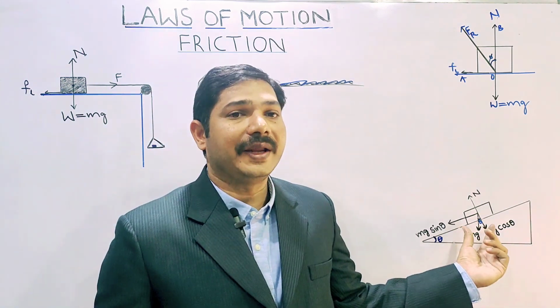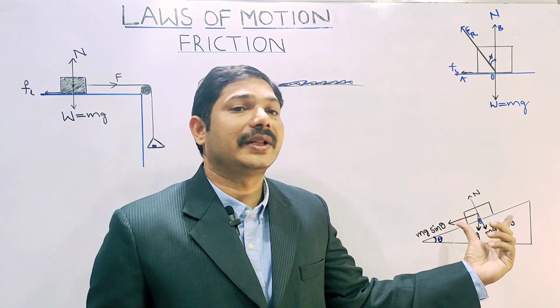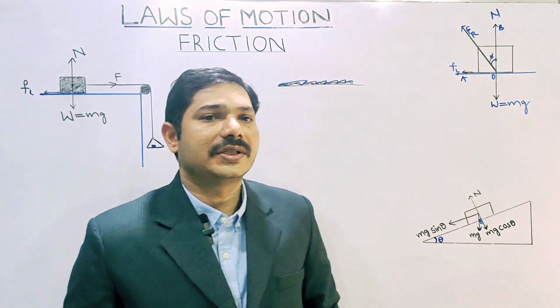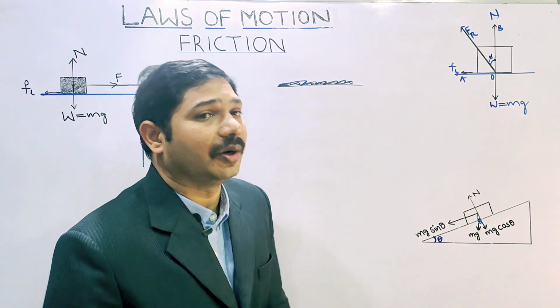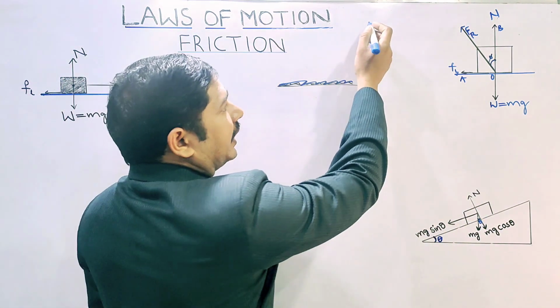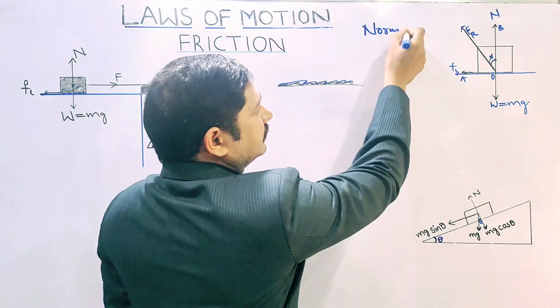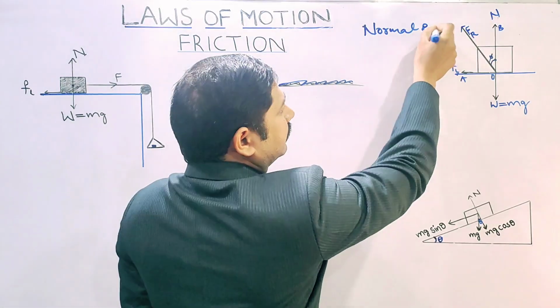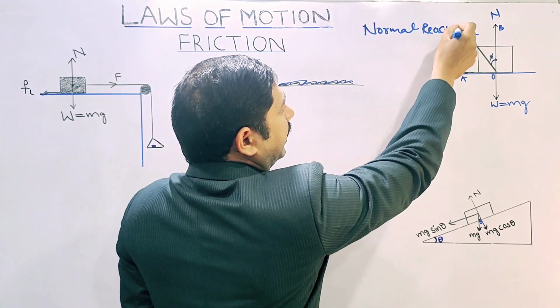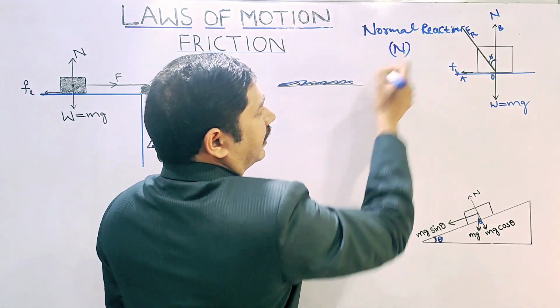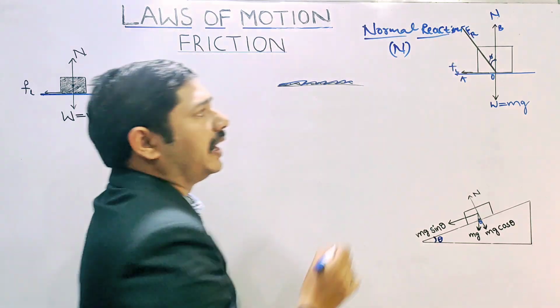On an inclined plane also it is perpendicular to the plane, and on a horizontal plane also. First of all we'll discuss the horizontal surface. What is normal reaction? It is denoted by the symbol N.